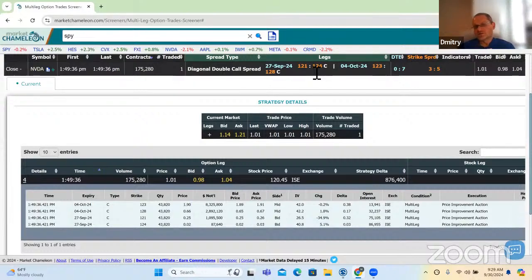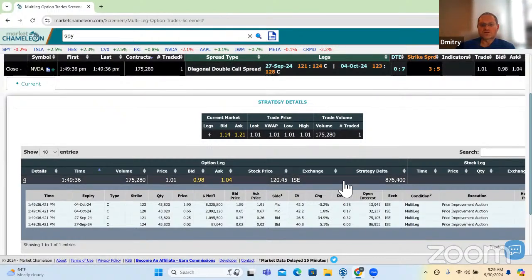And this call spread was potentially closing out and rolling into a call spread in October 4th. I'm just eyeballing this. I'd have to do a little more research to confirm that was going on.